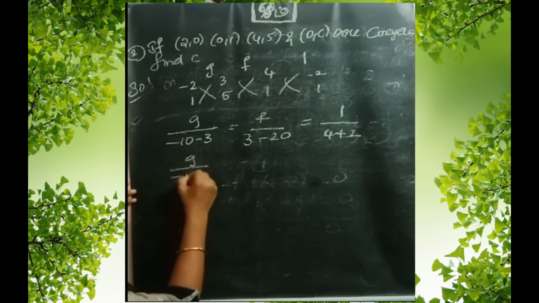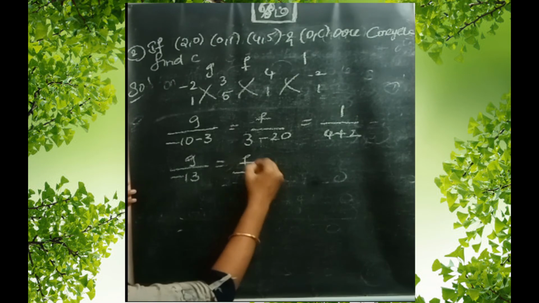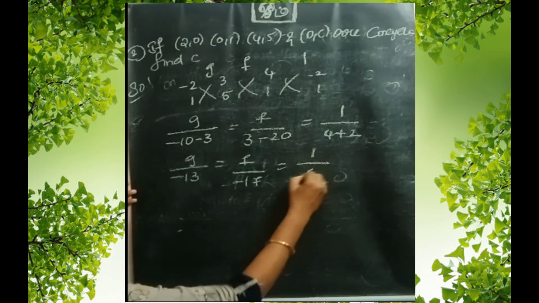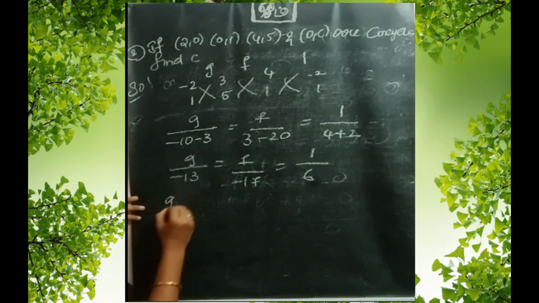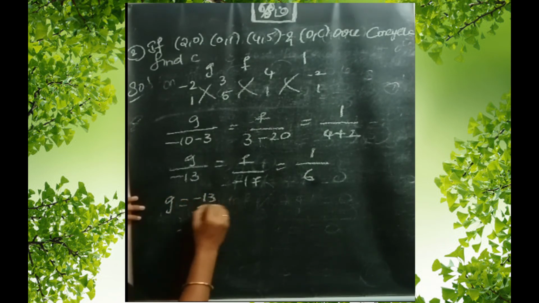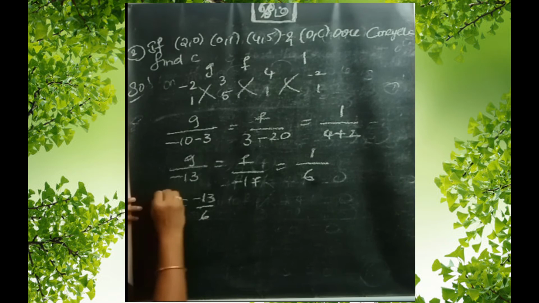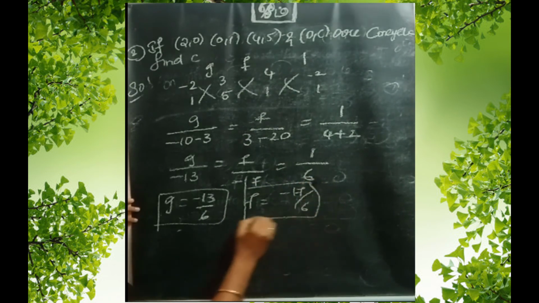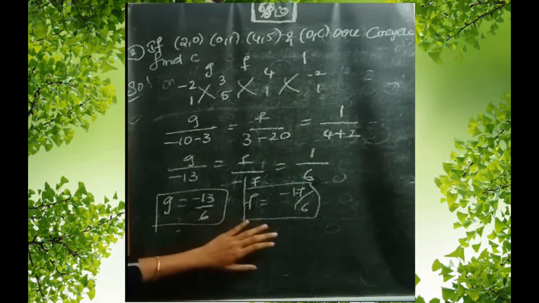So g by minus 13 equals f by minus 17 equals 1 by 6. Okay, we get g as minus 13 by 6 and f as minus 17 by 6. And we have got the g and f values.